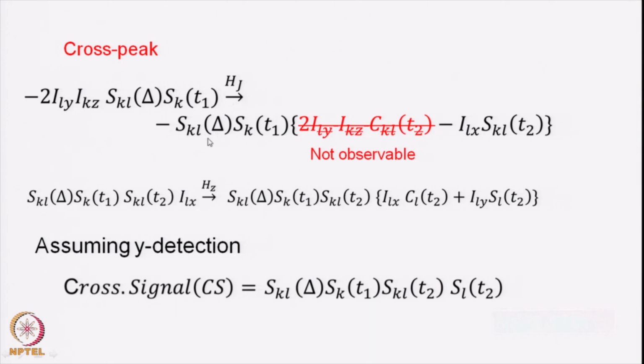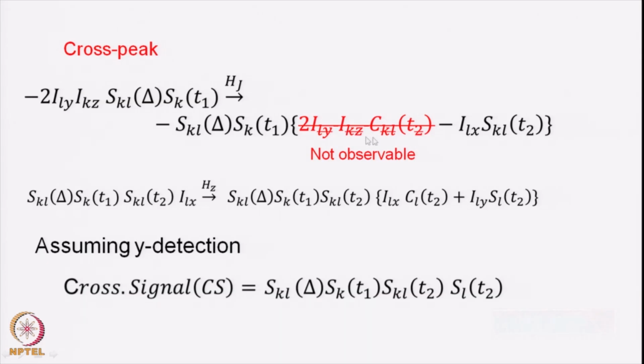So this will give me the 2 ILY IKZ evolution here. So SKL delta and SKT1 as here, I keep it here, and this operator part evolves under the coupling as 2 ILY IKZ CKL T2 minus ILX SKL T2.